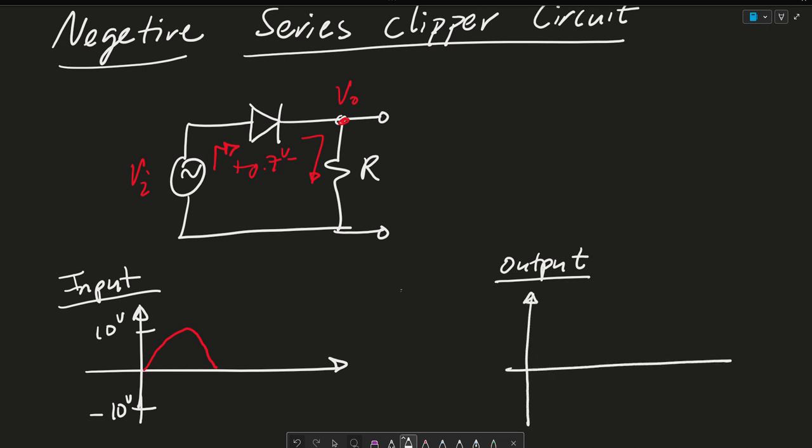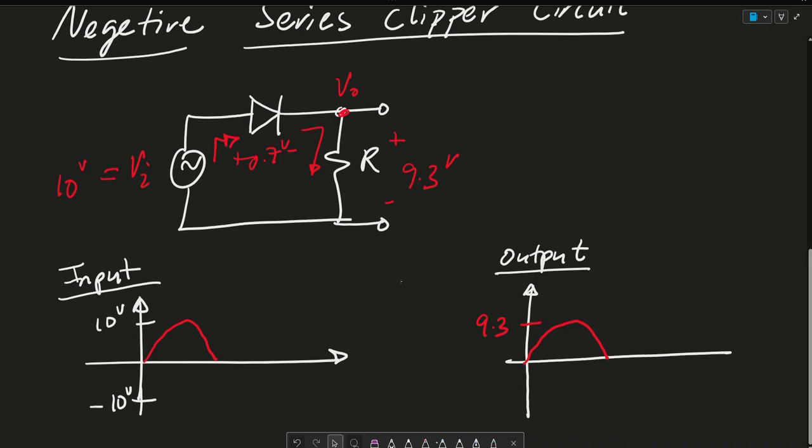What's going to happen is it's going to require a certain amount of voltage before this output resistor turns on, and it's going to be a voltage drop of 0.7 volts here at the diode. As a result, the voltage drop of the resistor is going to be 9.3 volts to satisfy this V in of 10 volts.